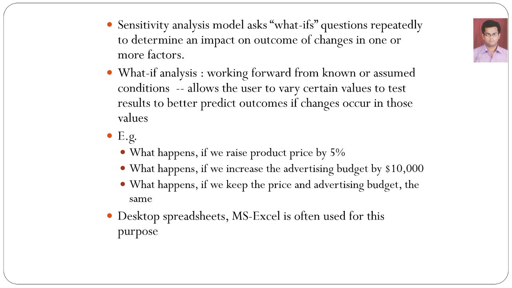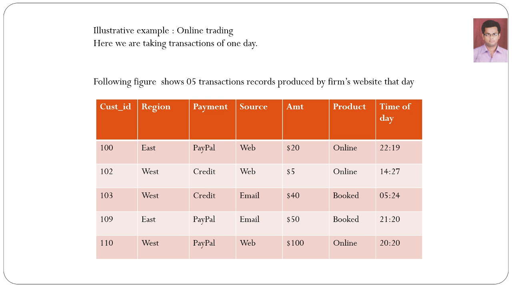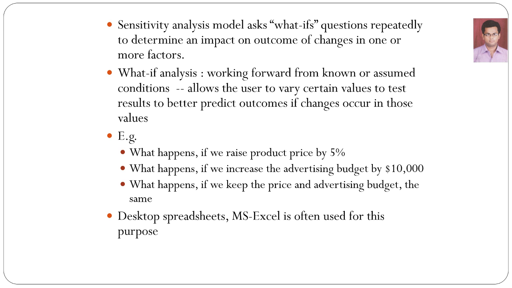A sensitivity analysis model asks what-if questions repeatedly to determine the impact on the outcome of changes in one or more factors. What-if analysis basically works forward from known or assumed conditions and allows the user to vary certain values to test results to better predict outcomes if changes occur in those values.